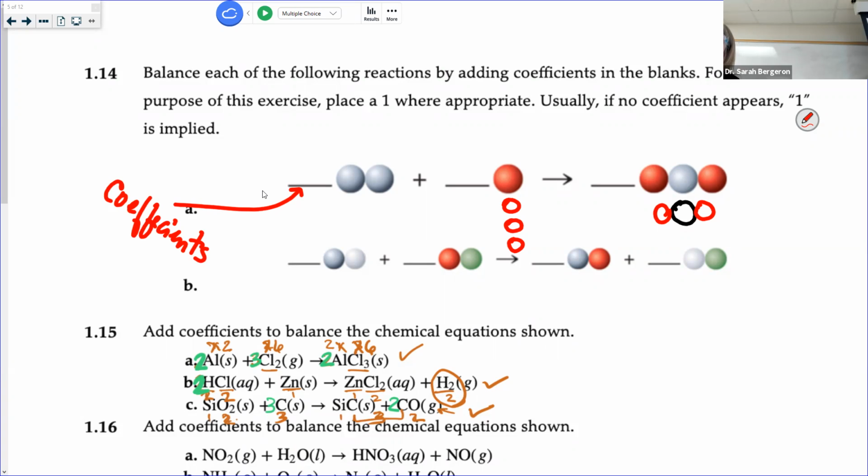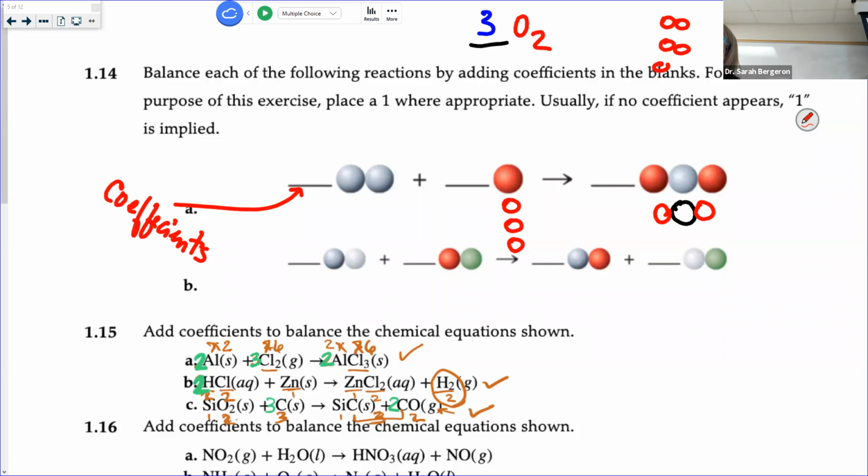And when we put a coefficient there, it's like multiplication. So if we have O2, let's just say this is oxygen, and I put a coefficient of 3, that means I have this O2 molecule, right, that's got 2 oxygen atoms. How many of those molecules do I now have?